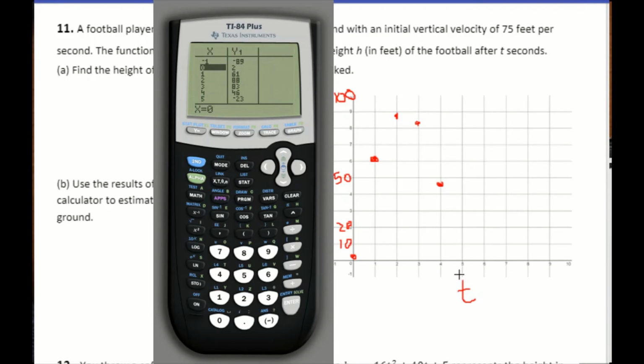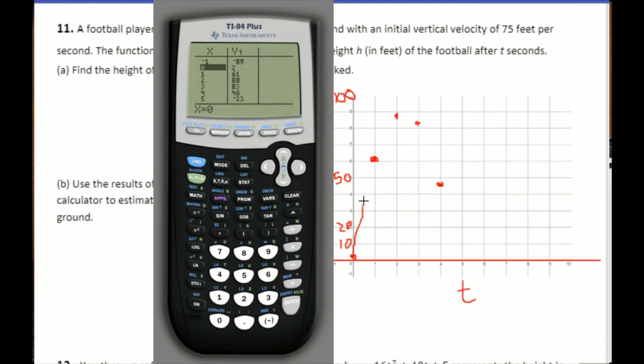So what that means is, since the ground is the x-axis here, we know we're going to hit the ground somewhere before t equals 5, because at 5, we should be down here at negative 23. It means our parabola is going to hit that x-axis somewhere around here. So just, roughly, we've got a parabola that's going to go up, and then it's going to come back down, and then hit, let me try to get that to look a little nicer.